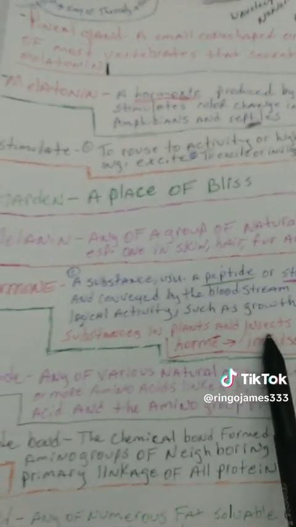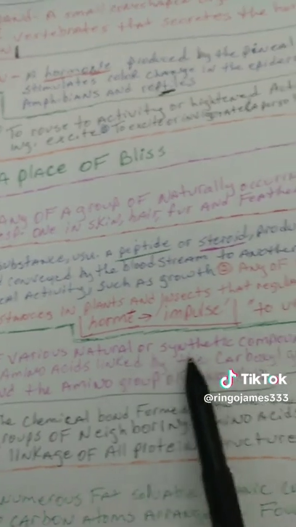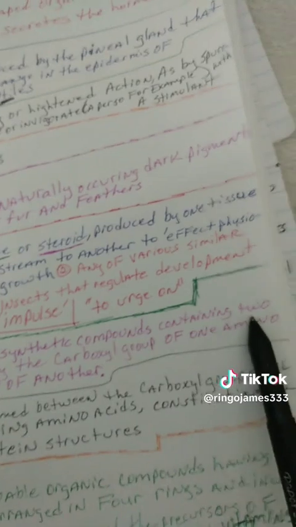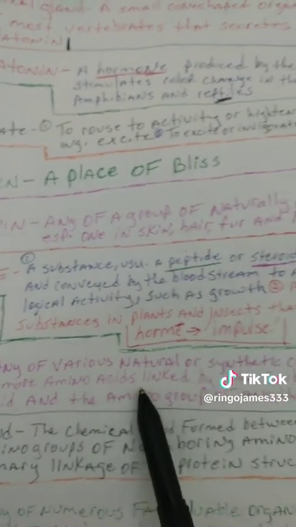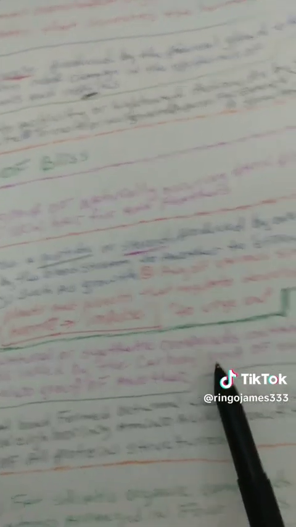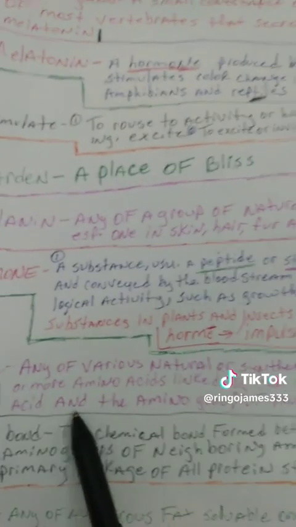The pearl. Okay? Let's move on. A peptide: any of various natural or synthetic compounds containing 2 or more amino acids linked by the carboxyl group of one amino acid and the amino group of another.